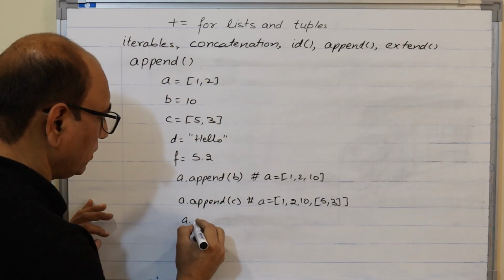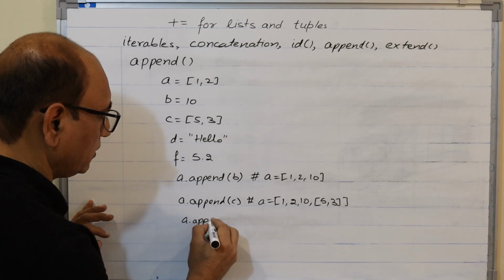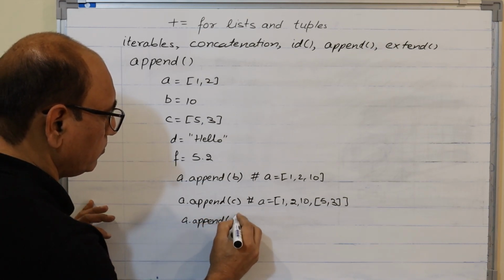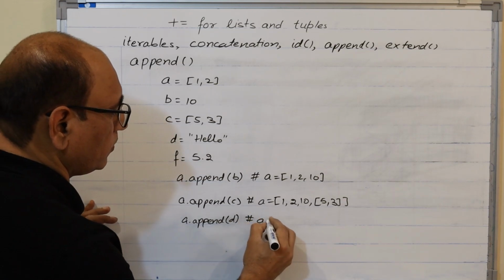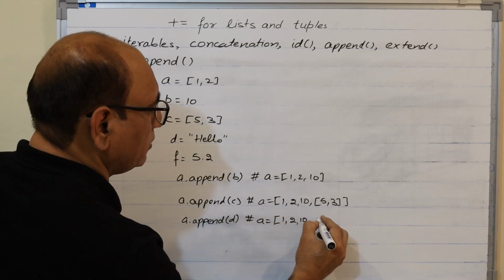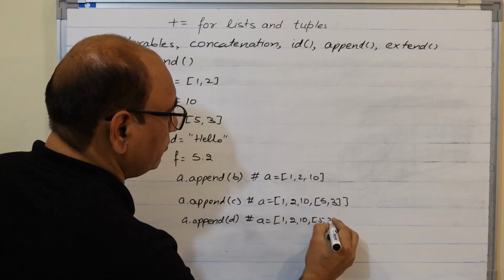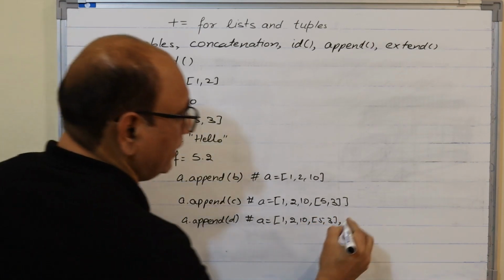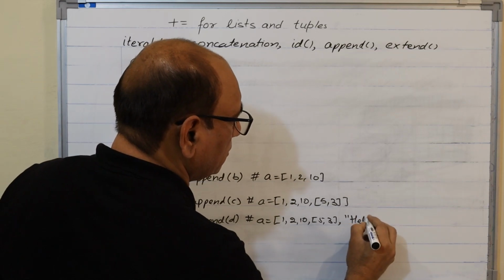If I say A dot append D, now A will contain the elements 1, 2, 10, 5, 3 and hello as a single element.